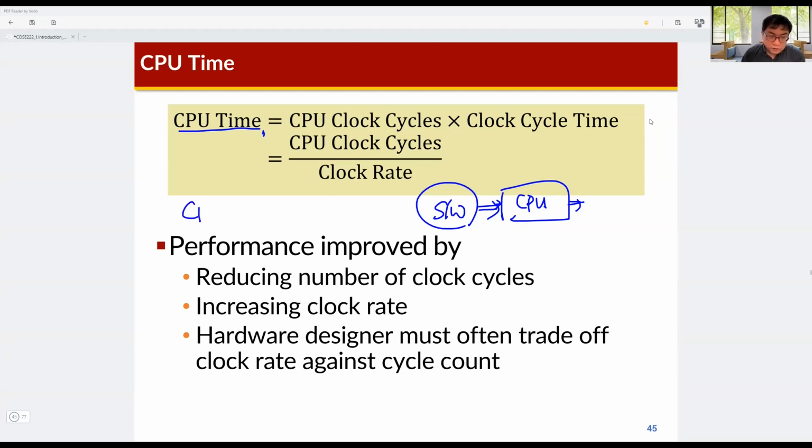So CPU time is actually the elapsed time from the start of execution to the end of execution of the software. Okay. And how can you measure the CPU time?